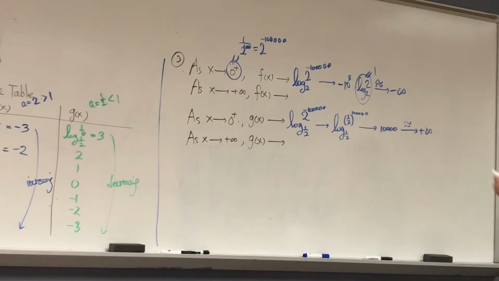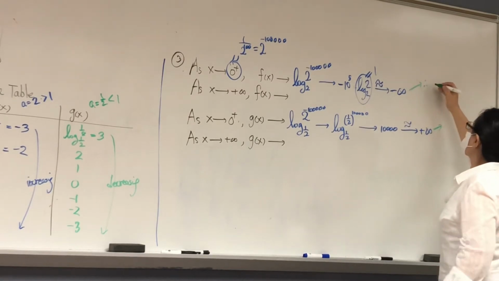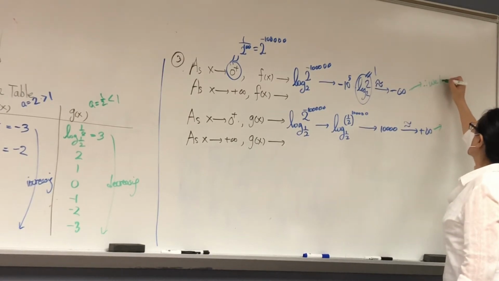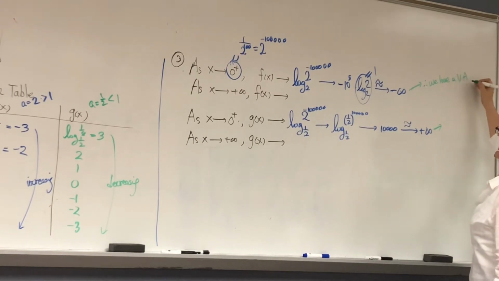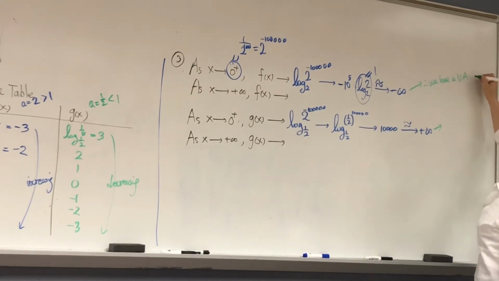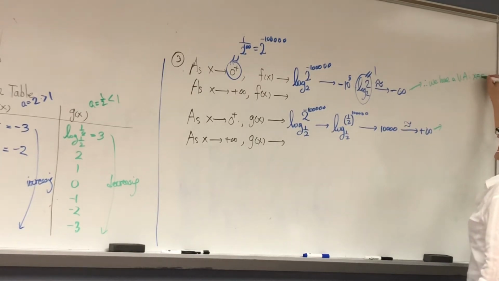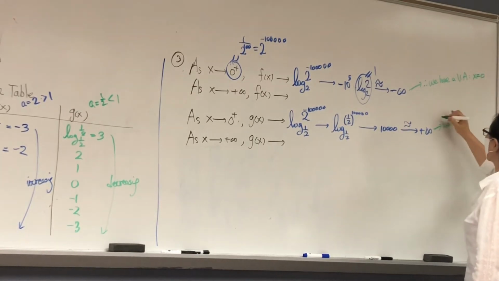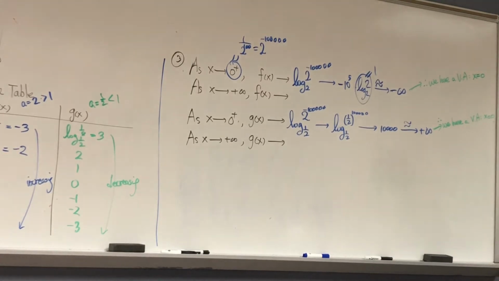So by this, or by that, we have a vertical asymptote. What is it? Right, x equals 0, the y-axis. Am I right? Everybody understand?